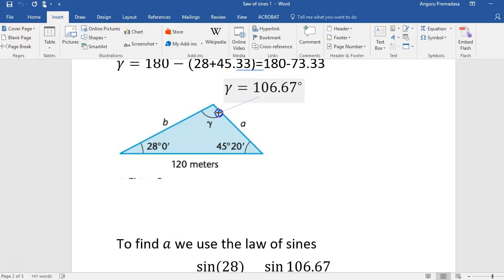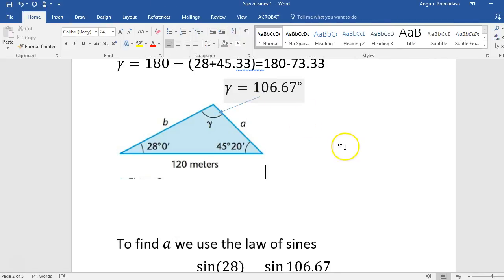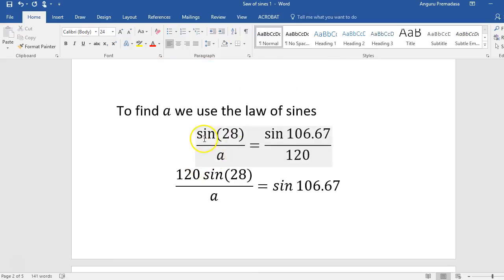So sine 28 over A is equal to sine 106.67 over the side, which is 180.